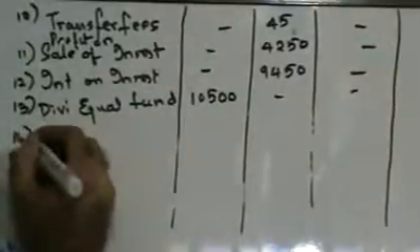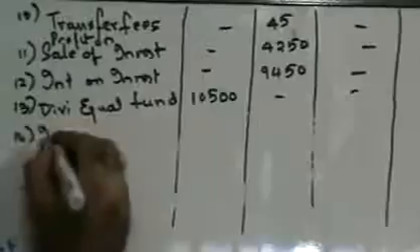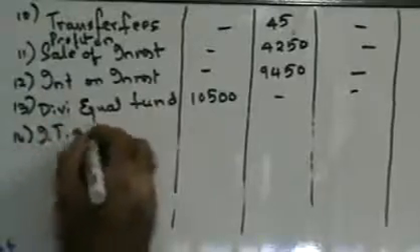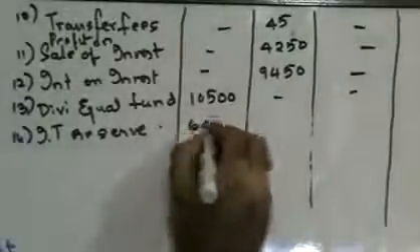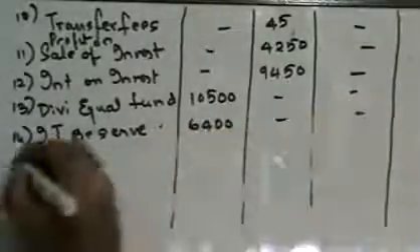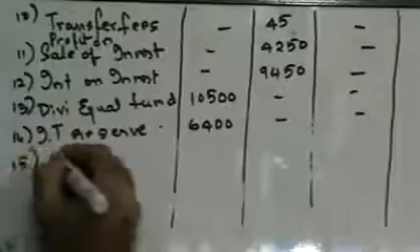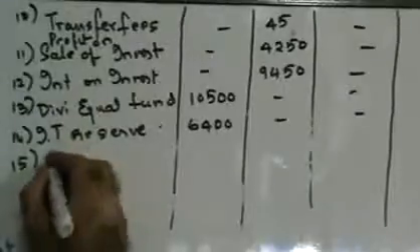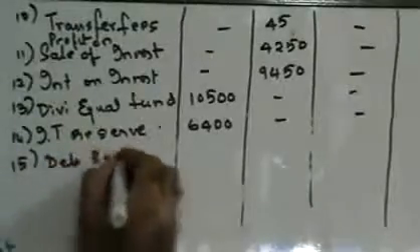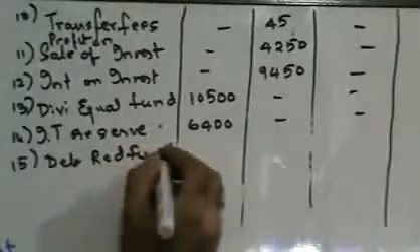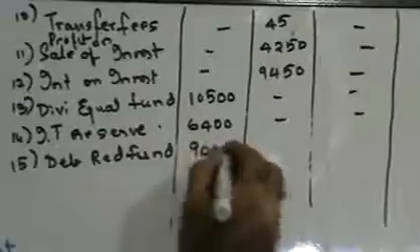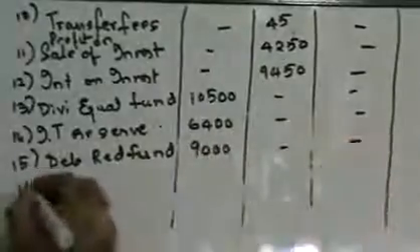Next, transfer to income tax reserve. You have transferred 6,400 to income tax reserve. Next, transfer to debenture redemption fund. You are transferring 9,000 to debenture redemption fund, debit expenses and losses.